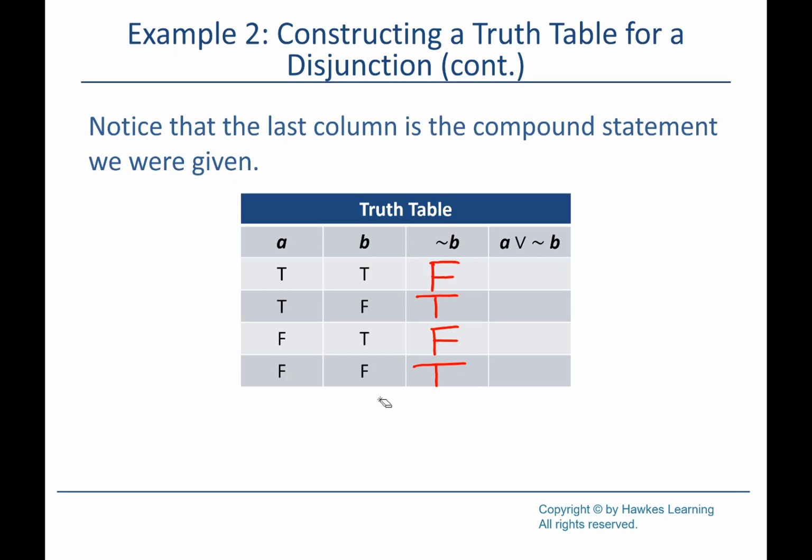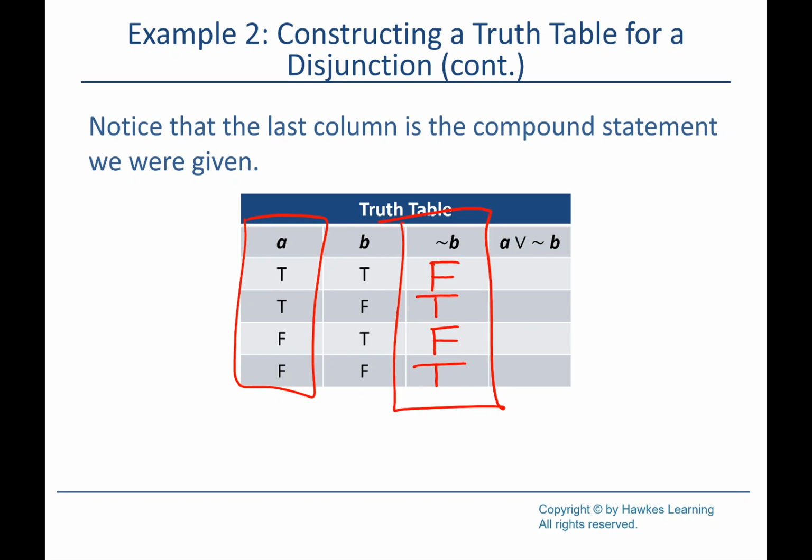All right, so now we need to figure out the truth value of our whole compound statement. And I'm only going to look at 2 of these 3 rows when I'm doing it. I only need to look at A and not B. Okay? Those are the only 2 I had to focus on. So I'm just looking at this column, this column.